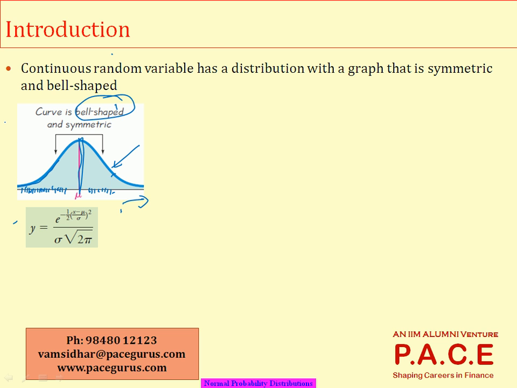And in this kind of distribution, as we have discussed earlier, the mean is equal to the median, which is equal to the mode. One of the important characteristics of the normal distribution.